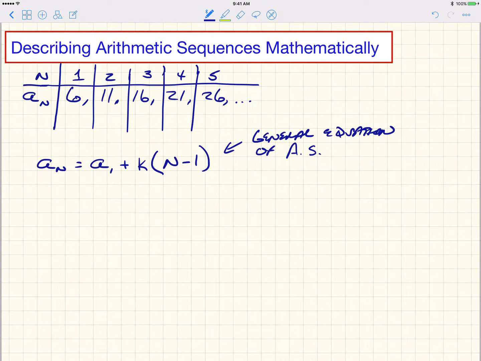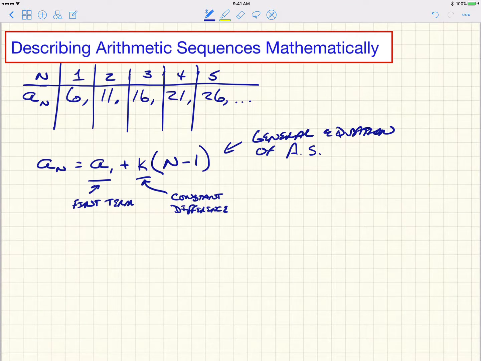Okay? Let me just mark these in. First term. This was the constant difference. Constant difference.